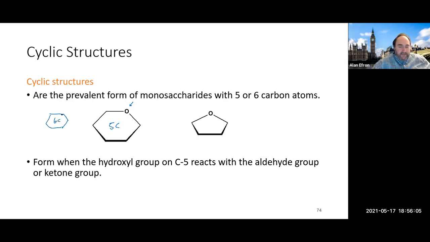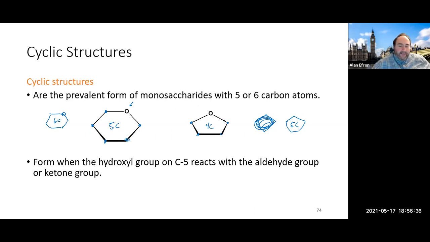This one has that oxygen in there, so there's only 5. Or it will sometimes look like a cyclopentane ring, which has 5 carbons, but this one actually only has 4 carbons. Again, 1, 2, 3, 4, and 5 for one, and 1, 2, 3, and 4 for the other.